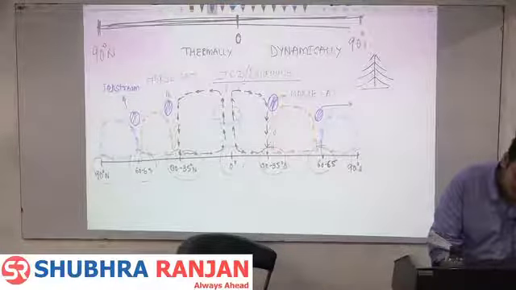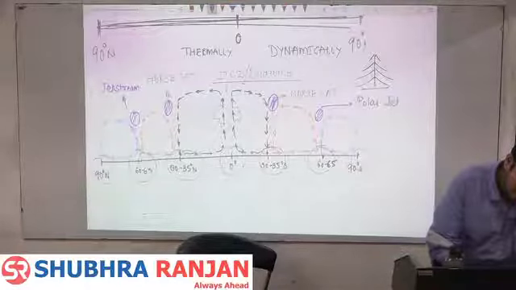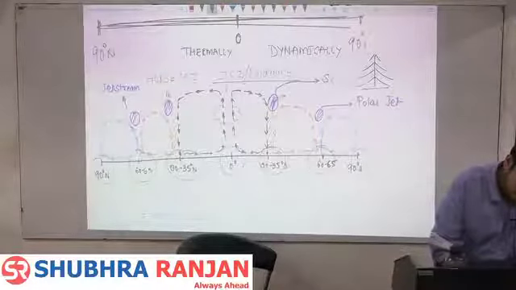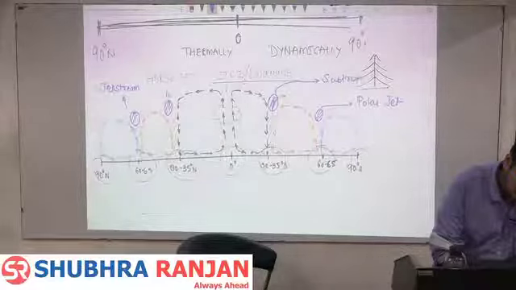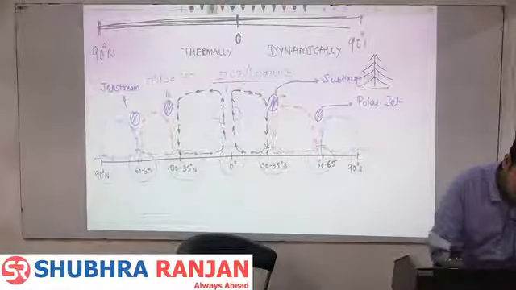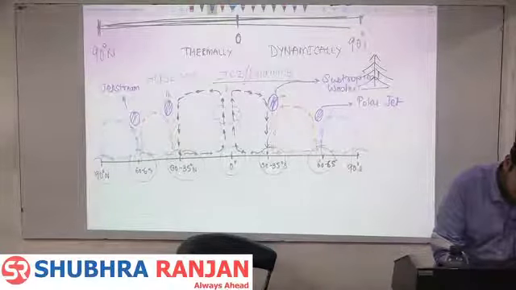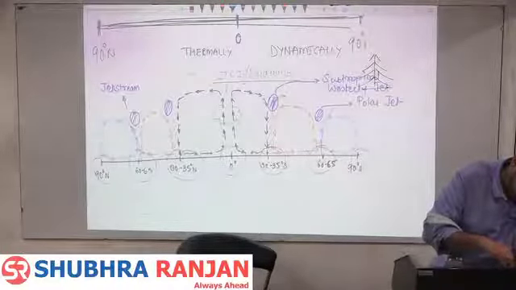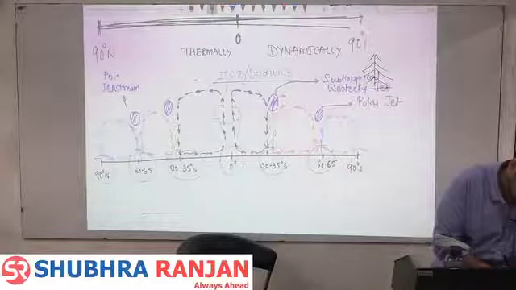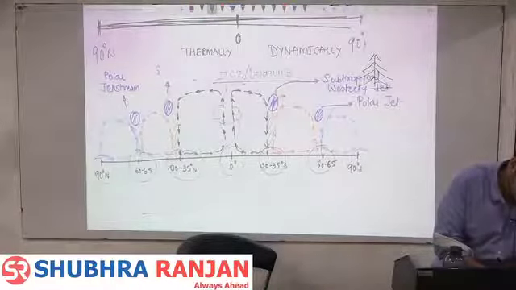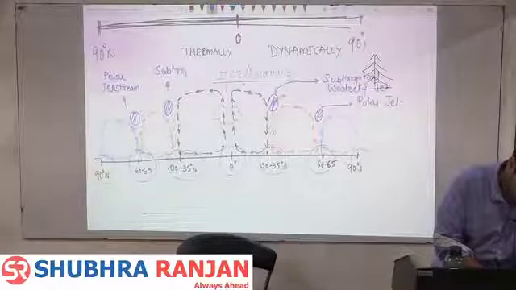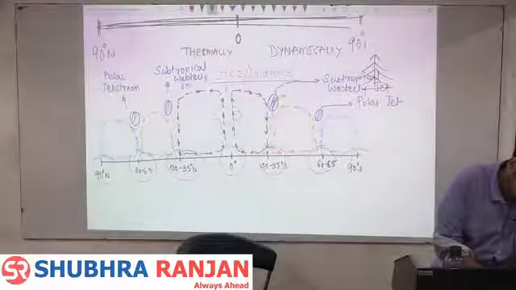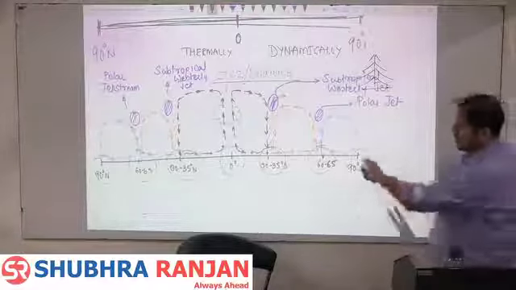Only difference is this is polar jet, this is subtropical westerly jet, you can see jet streams उसी जगह है जहाँ पे winds के color change हो रहे हैं.